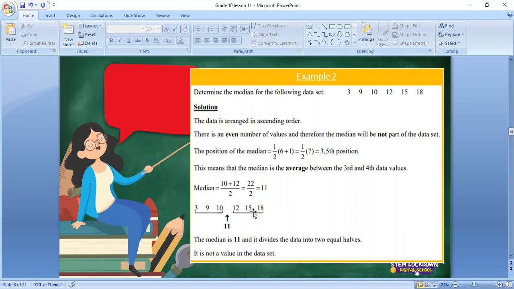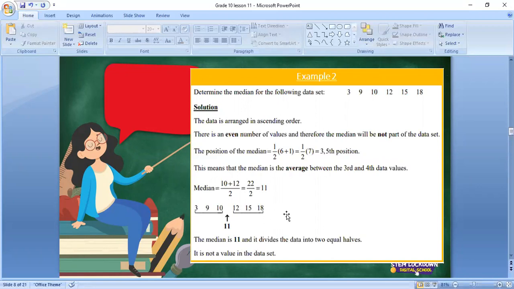The median will not be part of the data when we have an even number of data values. The median is 11, which is not part of the data, because it is the number that splits the whole data set into two equal halves, 3 from the bottom and 3 from the top.